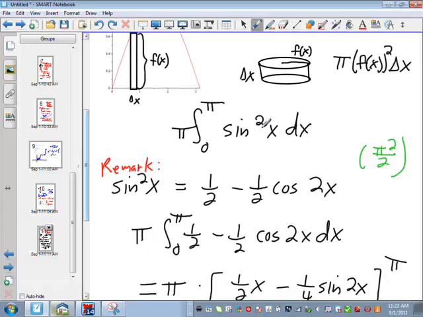I skipped that step, but it's obvious you can't substitute. Clearly sine is inside the squared function, so you would make u equal to sine, but du is cosine, and cosine is nowhere to be found. Then we just have to conclude that this function did not come about because of the chain rule. We did not use the chain rule to get this function, and therefore we're not going to use substitution to find the antiderivative.